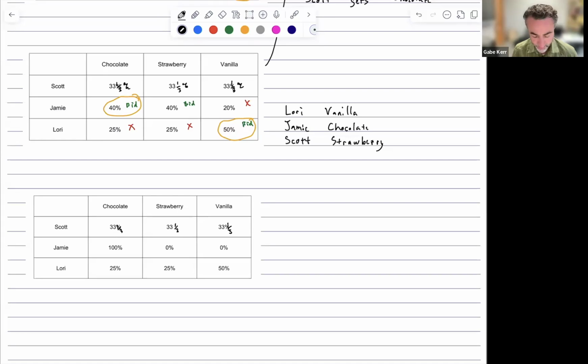This final case, we have a situation where Jamie has really changed her mind and she realizes she hates strawberry, hates vanilla, wants nothing to do with them at all, and will only eat chocolate or drink chocolate shakes. And so in this case, clearly we get a bid on chocolate from Jamie. We get a bid on vanilla because Lori's kept pretty consistent, and then the remaining are not bid on.